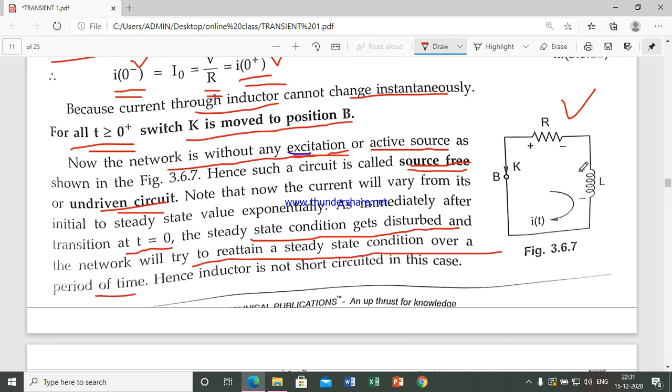Whatever energy is stored in the inductor decreases over a period of time. Here the inductor is not short circuited, because the energy in the inductor is dissipated during this period whenever switch K moves from A to B.